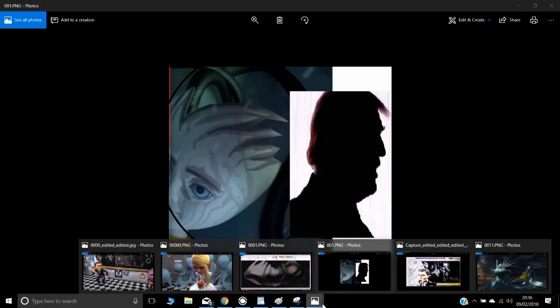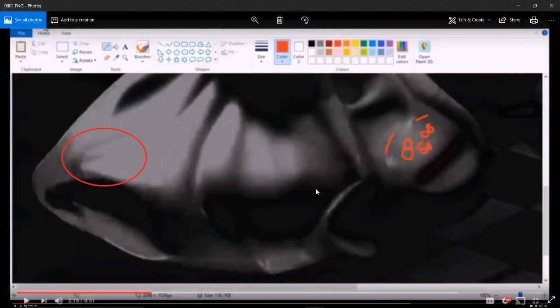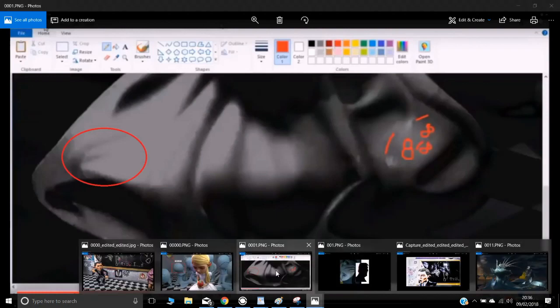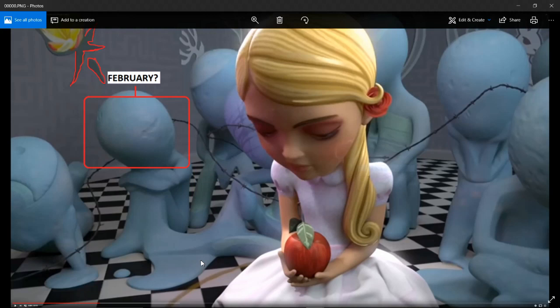So when I was looking at this scene that was done by JK in terms of the 18 and the February, or the F, which could mean February or fall, I was thinking about the 18, and then I linked into the apple, because obviously I mentioned a long time ago about the apple and how that could be related to Apple, the company.